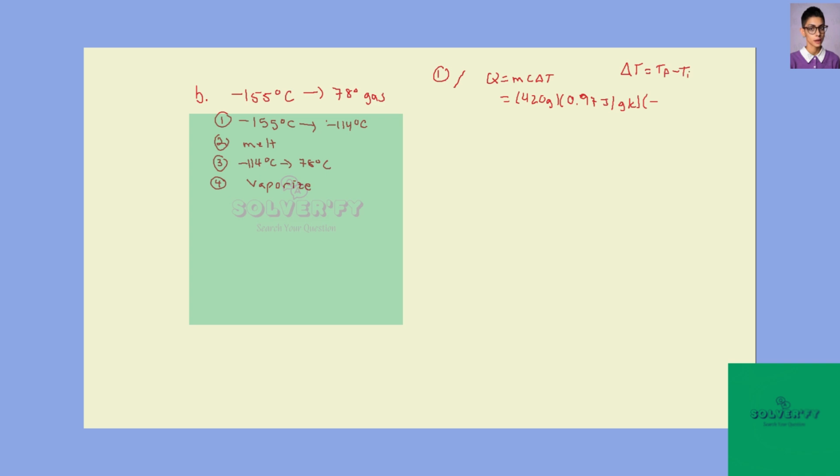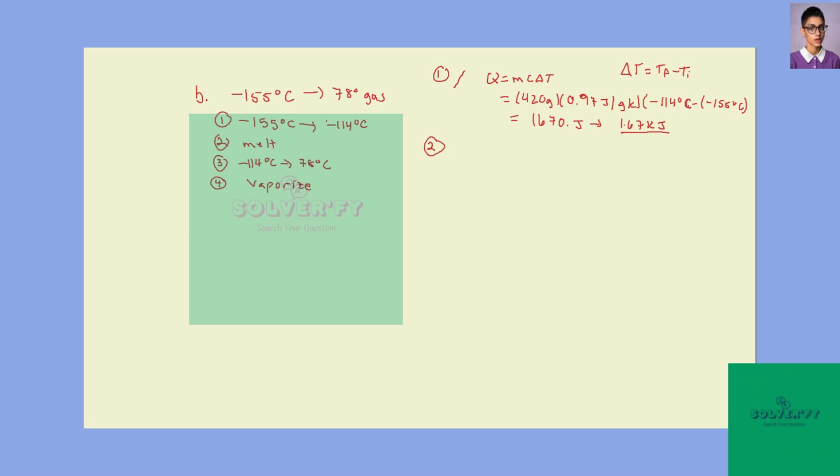So that's negative 114 degrees Celsius minus the negative 155 degrees Celsius. And so I get here 1,670 joules, divided by 1,000 will give me 1.67 kilojoules. So that's the heat added for step 1.